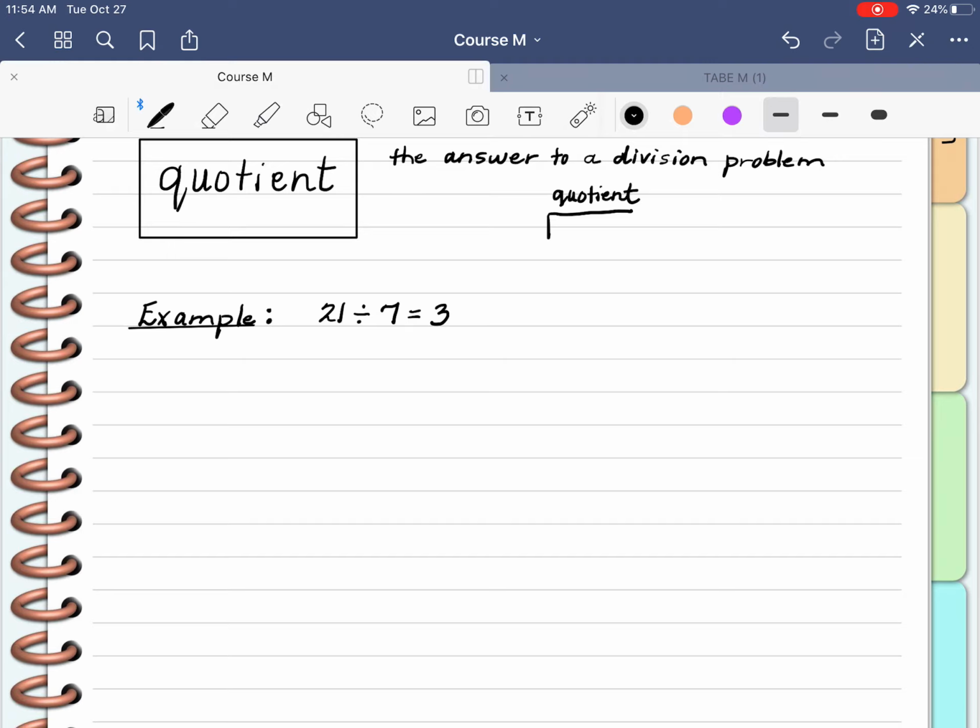And this goes back to those iterations that we talked about in a previous video. If I use iterations of 7, there's 7 times 1.